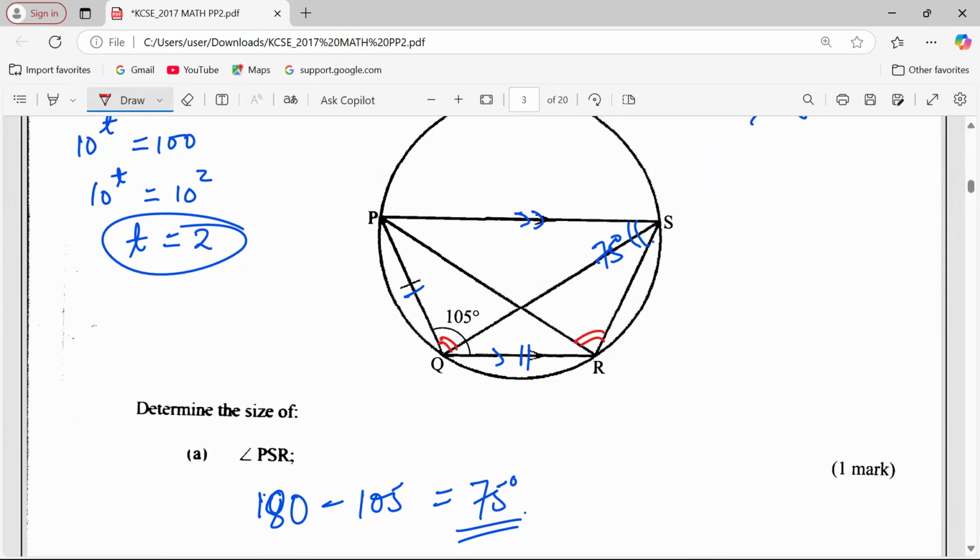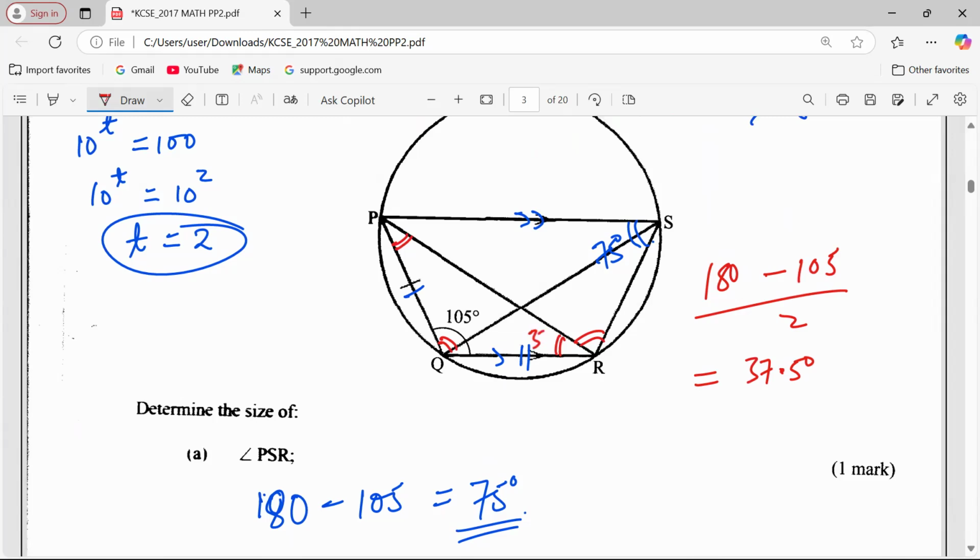But before then, let's get two angles here, the angle at this point and also the angle at this point. We know that PQ and QR are equal. Therefore, we take 180, subtract 105, then divide by 2, so that we get each of the base angles there. 180 minus 105 divided by 2 is 37.5 degrees.